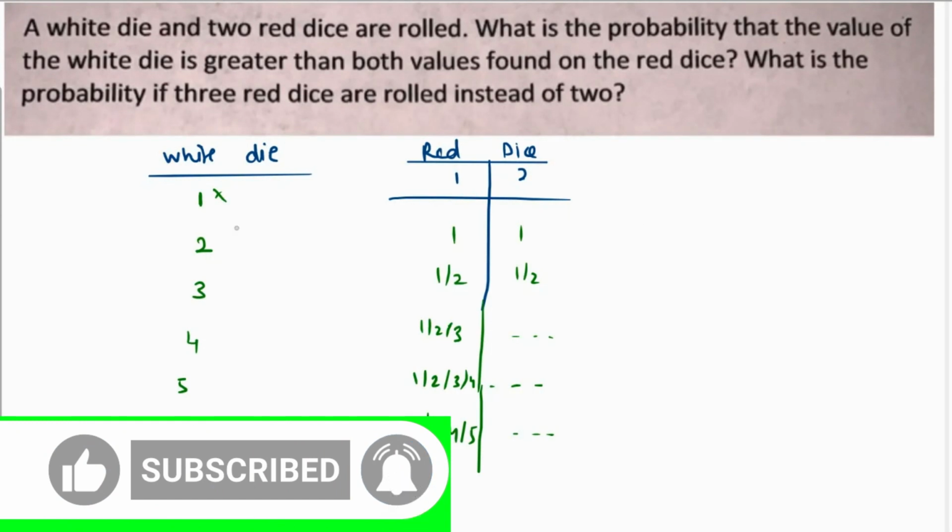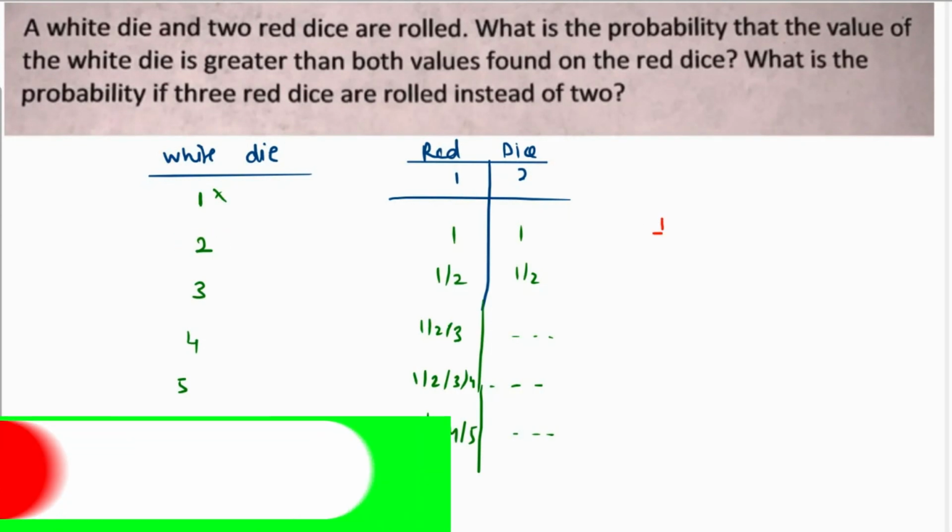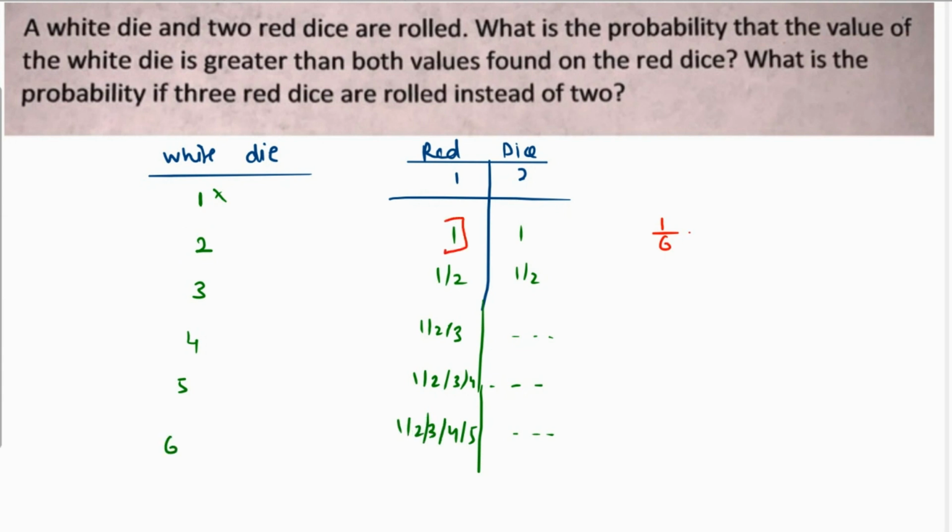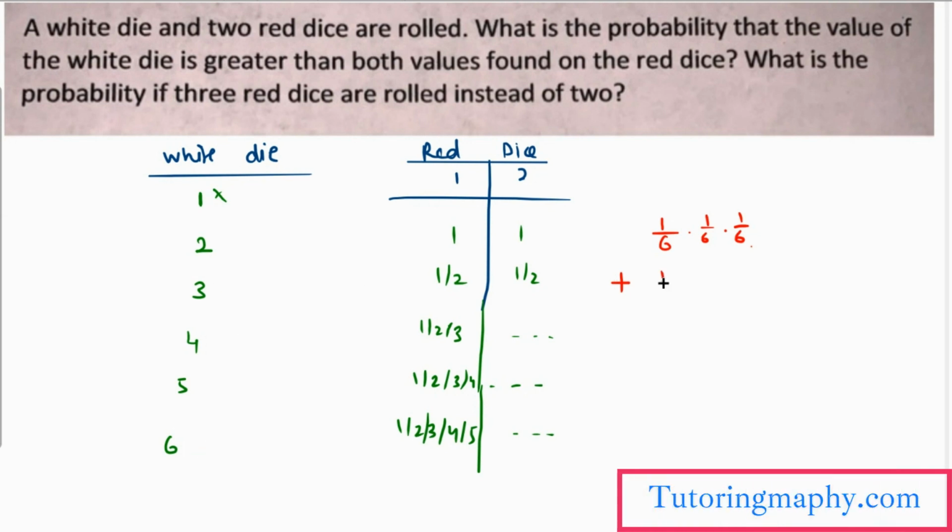So the possible combinations are: the probability that it rolls a 2 is 1 over 6, and the probability that both of these roll a 1 is again 1 over 6 times 1 over 6, so that's 1, plus the probability that it rolls a 3 is again 1 over 6, and in fact all the individual probabilities are 1 over 6.